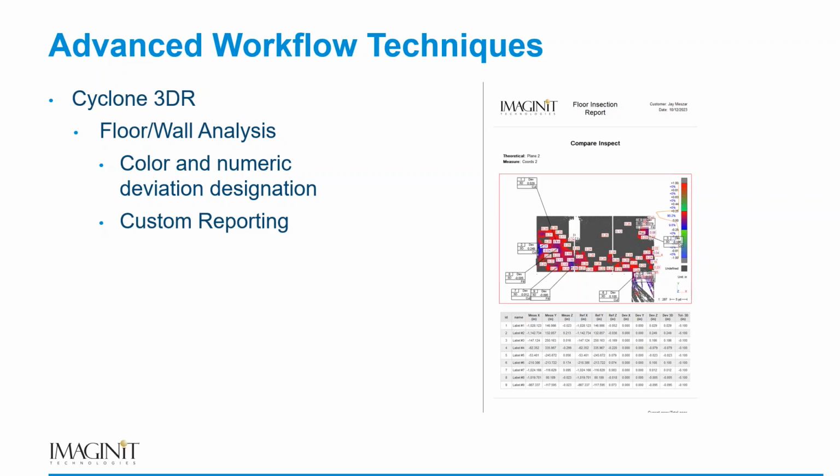Typically, this only takes about 5 or 10 minutes to create. It's visually pleasing. Looking at all the different reports, I'm able to pick on any point in that mesh model with the regular model and identify at every single point what that deviation is, what that floor flatness is.